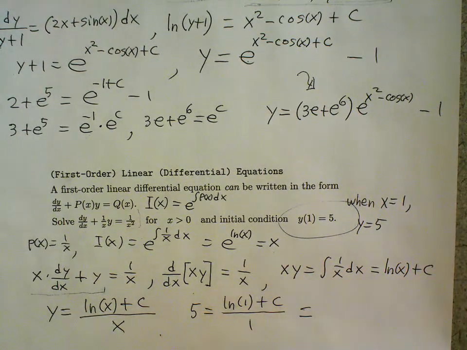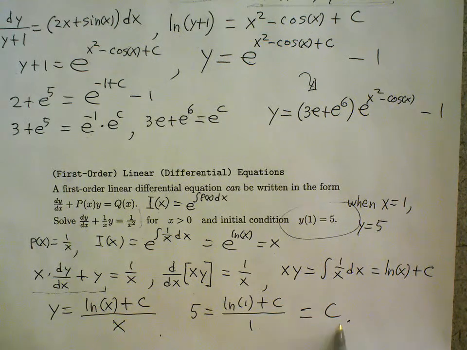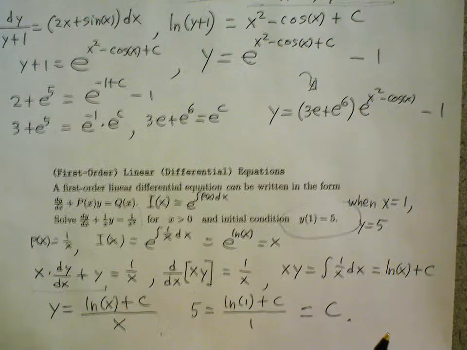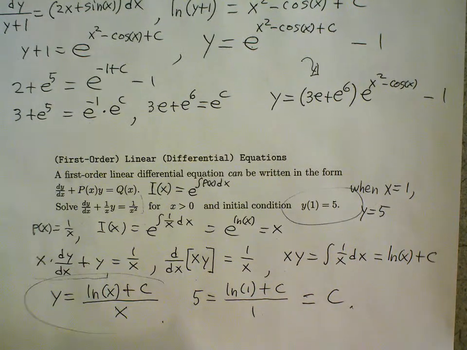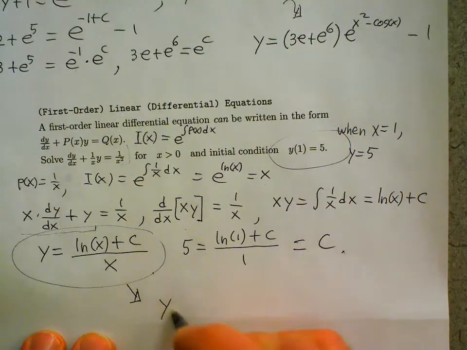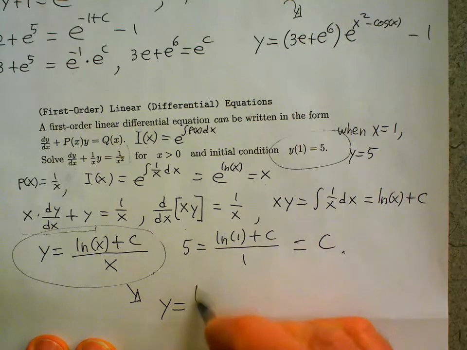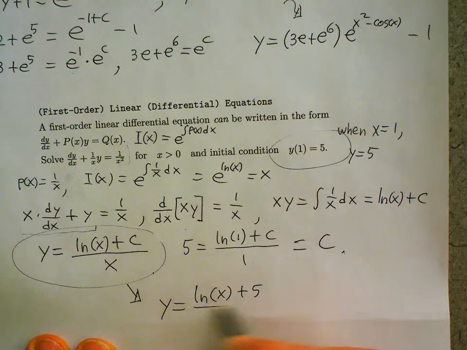The natural log of 1 is 0, so 0 plus c divided by 1 is c. So c is just the number 5. And so the function that we want, with c equals 5, we write as y equals the natural log of x plus 5, all divided by x.